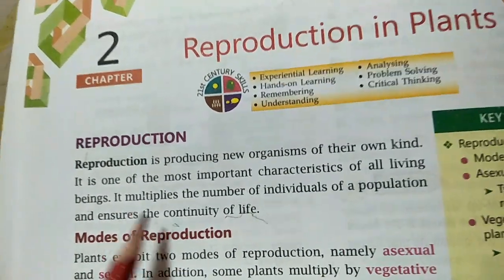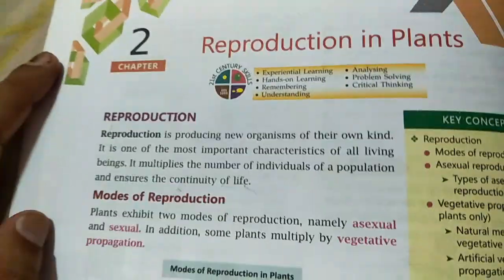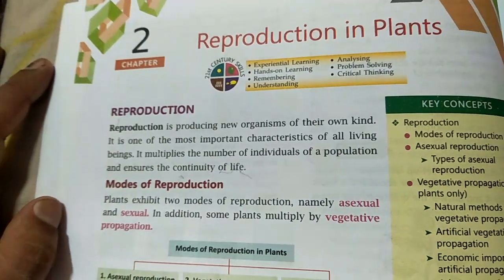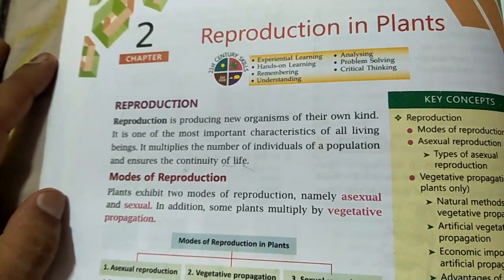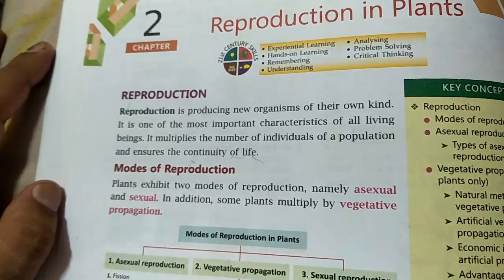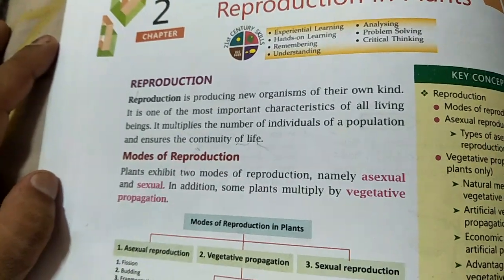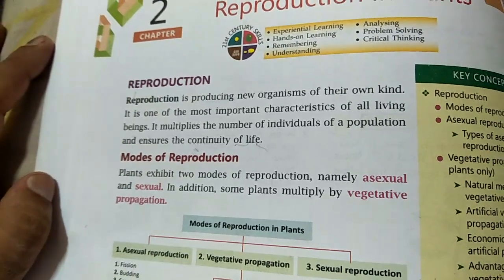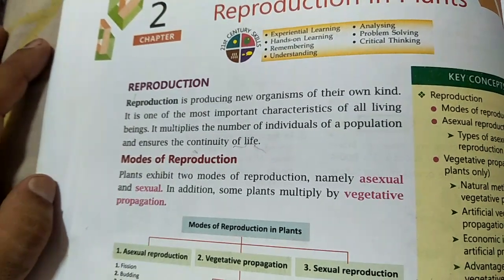Continuity of life. That means thousands of years back also we may be having animals like the lion, the elephant, the deer. We may be having the mango tree, the tulsi shrub, but we still find them even after thousands of years, where we know that the ones that were found thousands of years back must have died by now. So they are still available for us, or they are still present.